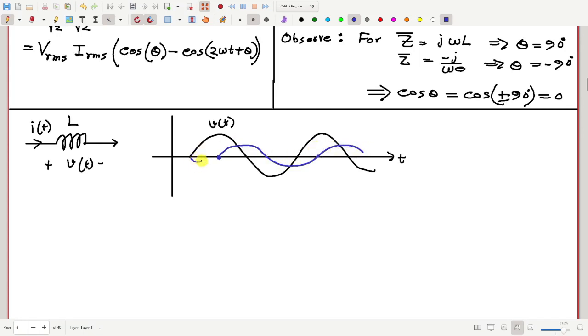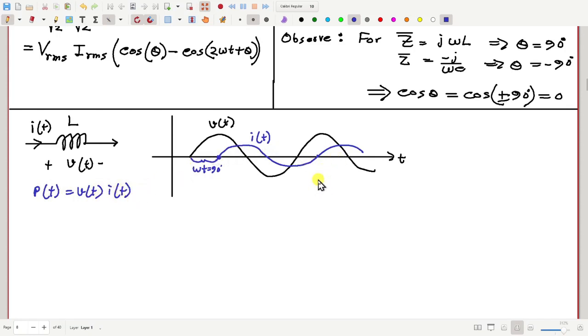So here omega t equals 90 degrees. This will be the current. Now, to get the power, power is simply V(t) times I(t). We have to multiply these two graphs.